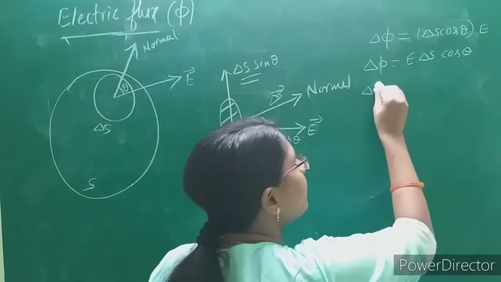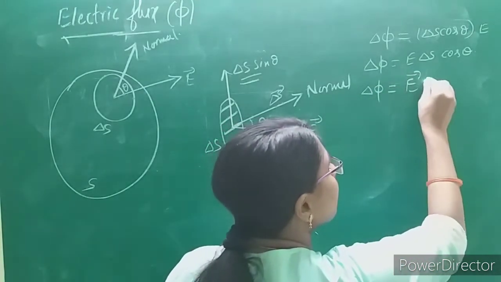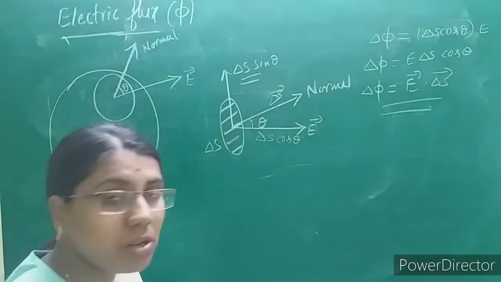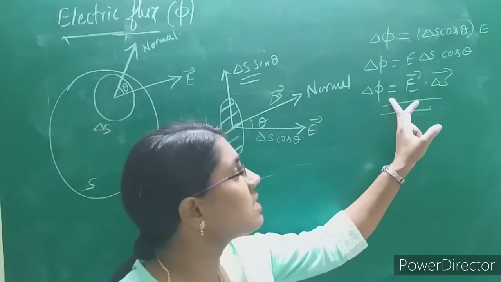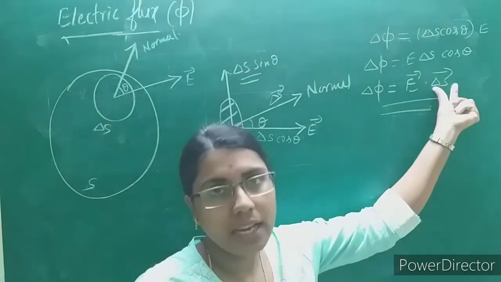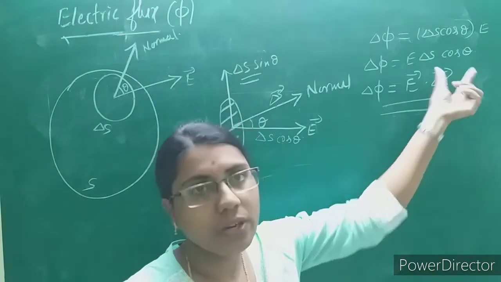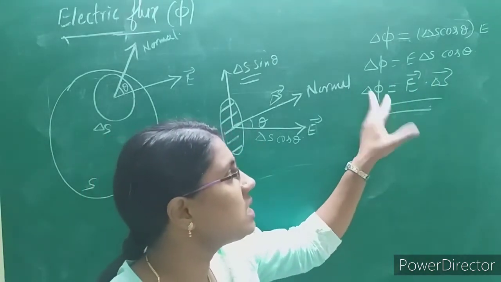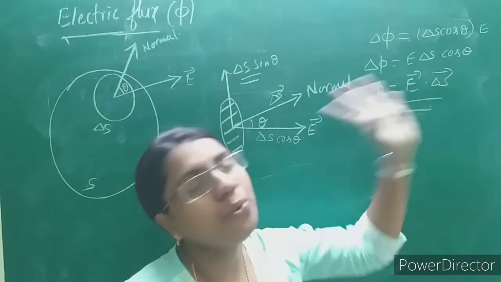So, we write delta phi is equal to the dot product of vector E and vector delta S. So, we can define electric flux as the scalar product of the electric field vector and the area vector. That's why we say this flux is a scalar obtained by the dot product of two vectors.